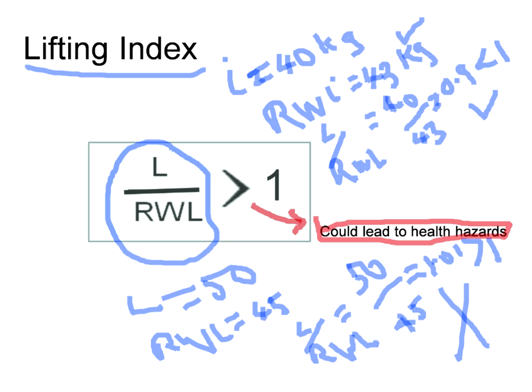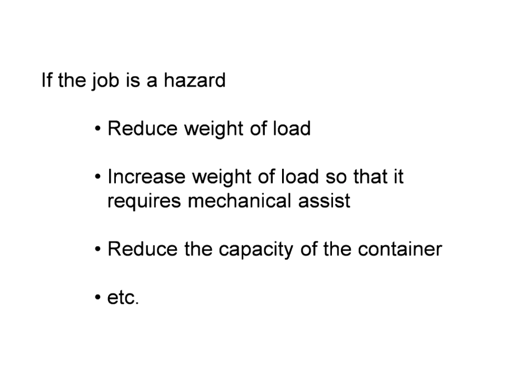Obviously the value will be more than 1, maybe 1.1 something. This is greater than 1. So greater than 1 is very dangerous. That is why I write here, this could lead, I will take another color please, the same color is confusing you. So this could lead to health hazards. Which one?